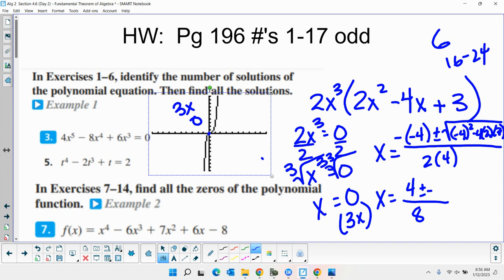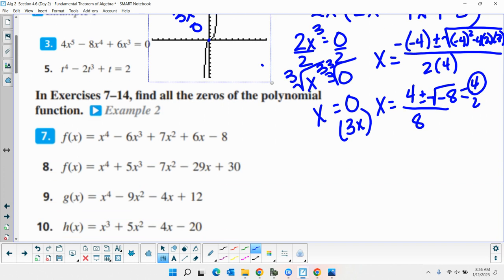So that's a -8. Well, I can simplify that, pull a 2 out and an i. Give myself some more room here. So 4 plus or minus 2i radical 2 over 8.